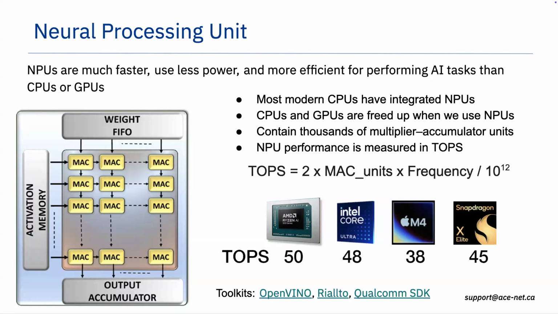Nevertheless, TOPS can be used as a quick way to determine whether an NPU can handle a particular program. For example, Windows Copilot Plus advanced AI features require a powerful NPU with at least 40 TOPS. So when shopping for a new PC, you might want to consider the requirements of AI tools that can make your life easier.